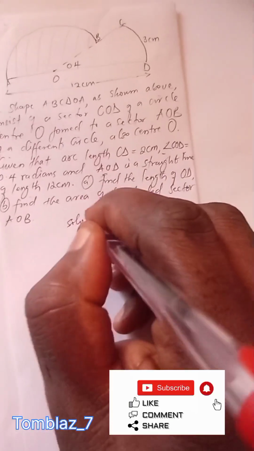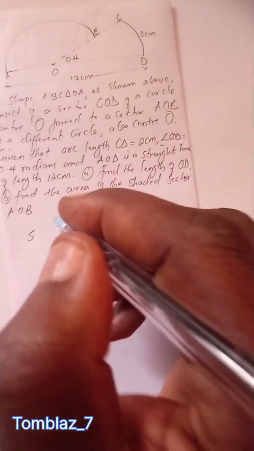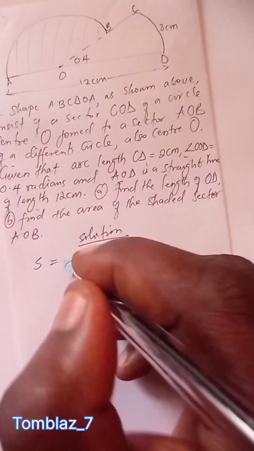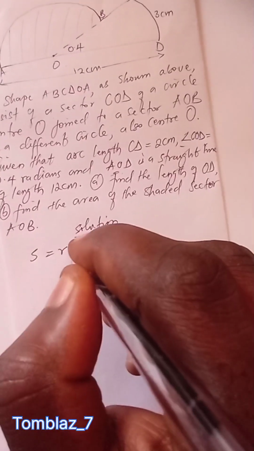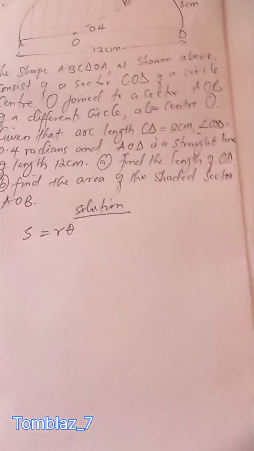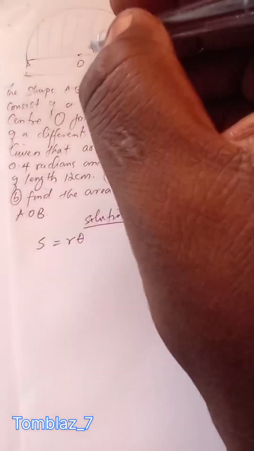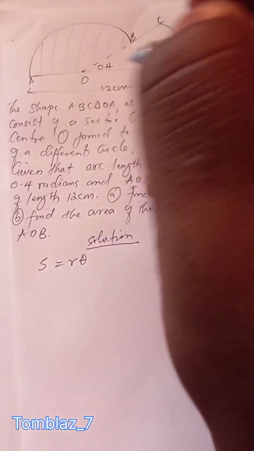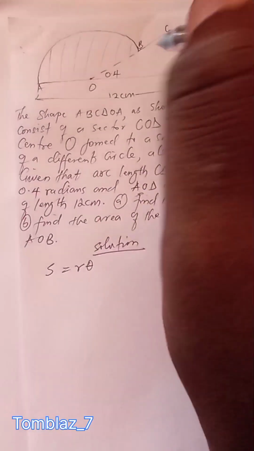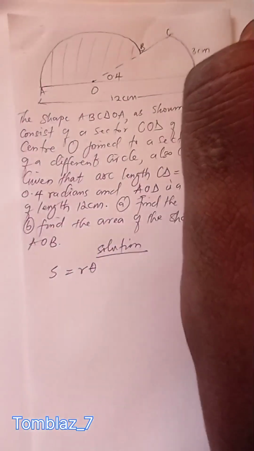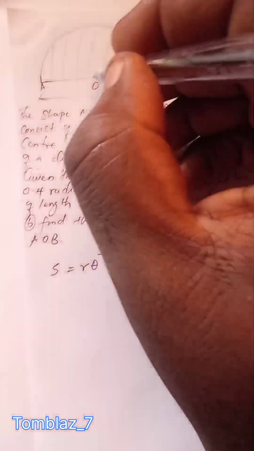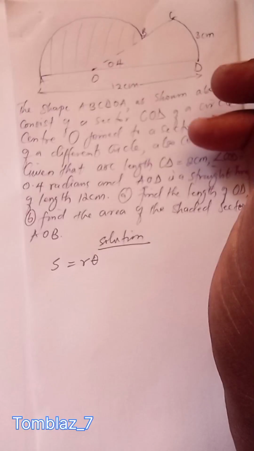Now there is our formula that says the arc of a sector is equal to the radius times the angle. Since we are observing this sector, OCD, this point is the radius, and this point is also the radius.